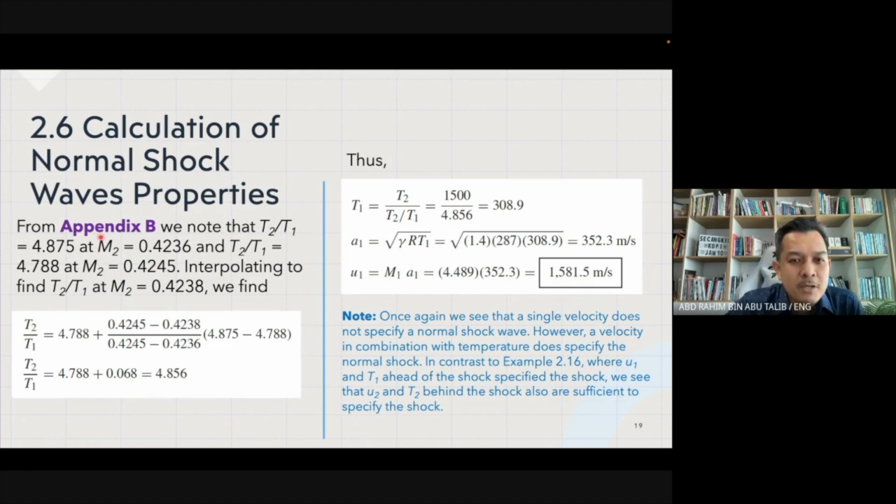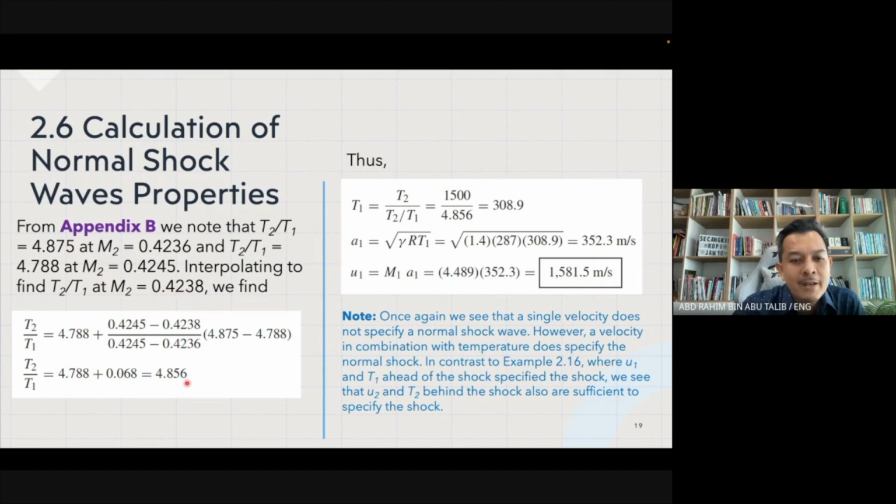From Appendix B, we note the pressure and temperature ratio at M2 equal to 0.4236, and the temperature ratio 4788 at M2 0.4245. You can now interpolate to find the corresponding value at Mach number 0.4238.